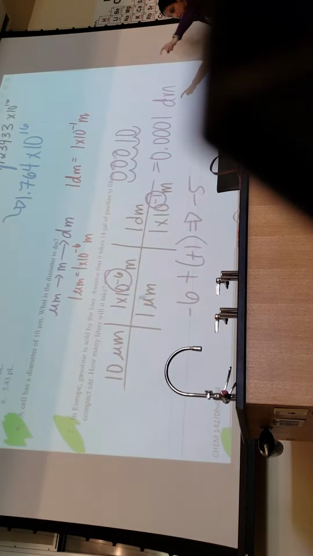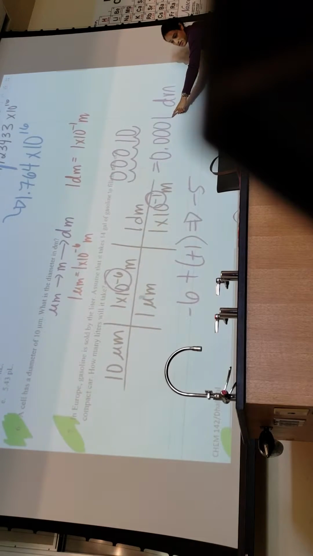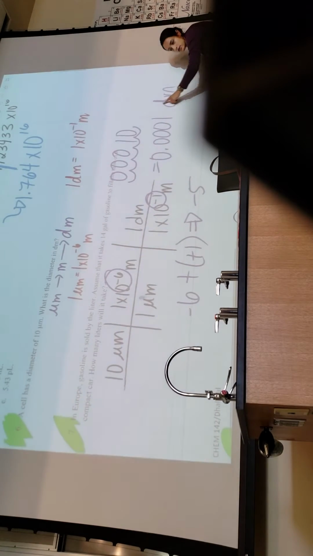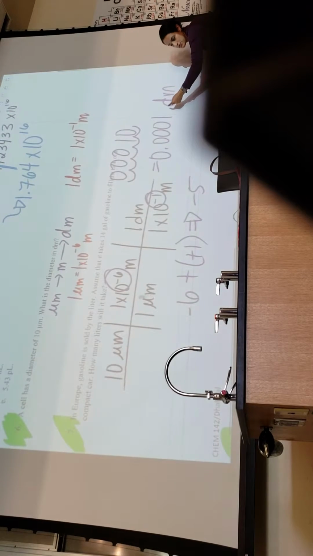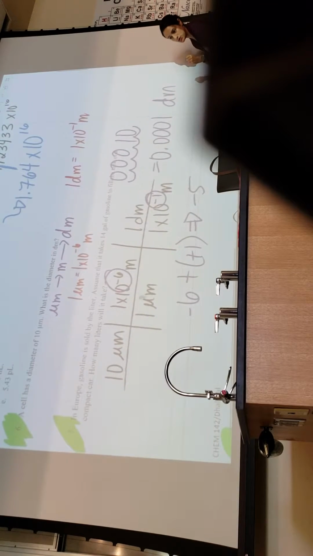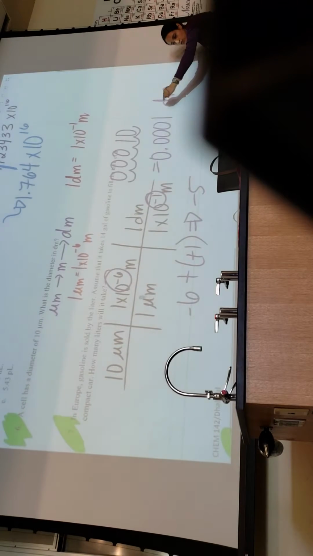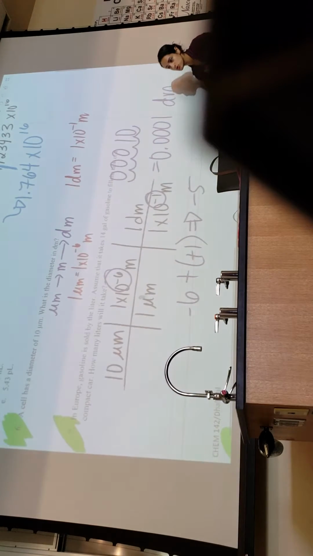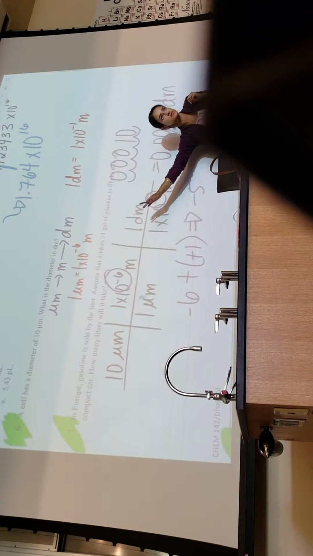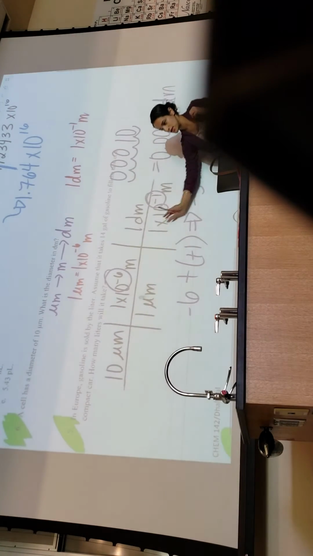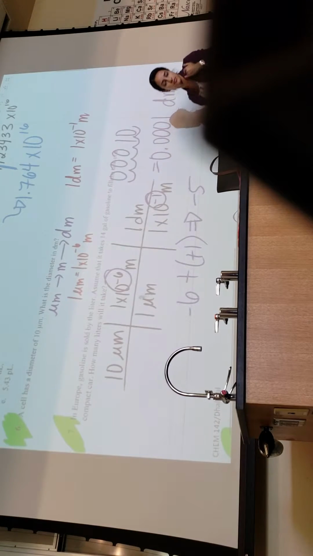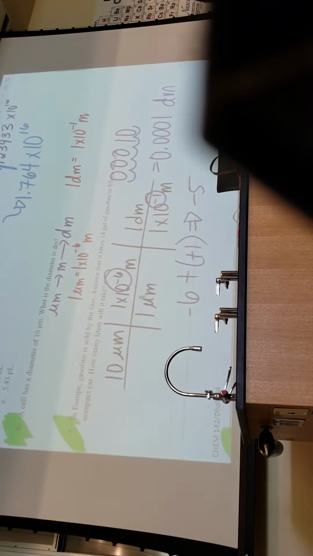Just 1. So technically I should write it like this and not put that 0 there. Because if I put that 0 there, then that 0 is significant. So I just have 1 significant figure. This should still have 1 significant figure. So your starting value will dictate it, not these guys here. These metric prefixes, they will never limit you.